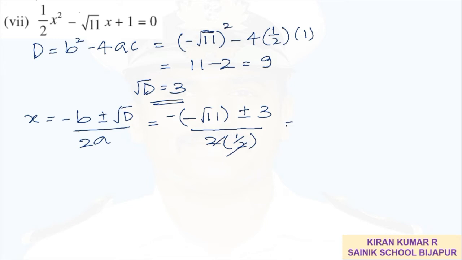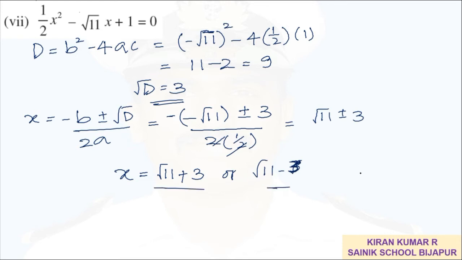Finally we get the result as root 11 plus or minus 3. So what are the roots? The roots are root 11 plus 3 and root 11 minus 3, not root 3, only 3. These are the two roots. So this completes the first main question of the exercise.